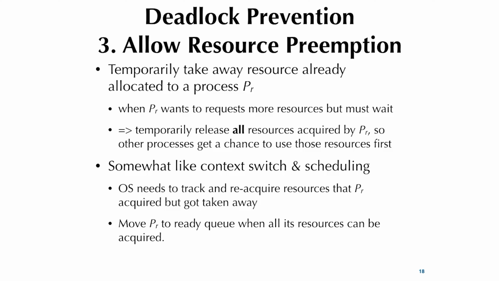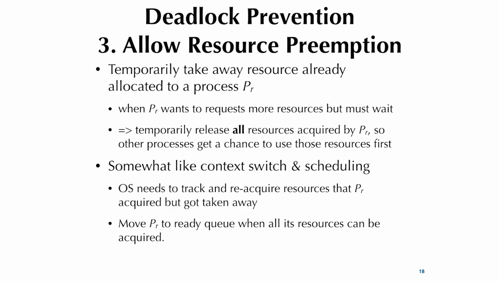And in fact, they wouldn't just release one, they would release all the resources acquired by the process, so that other processes get a chance to use these resources. I mean, okay, that's really like the worst case. They would release all the resources acquired so far.